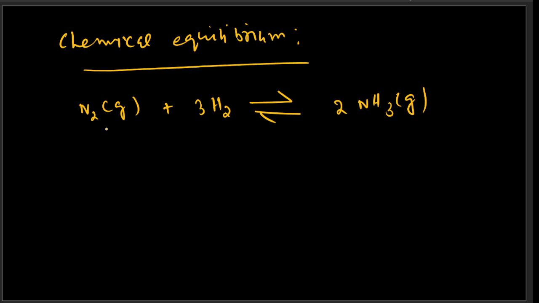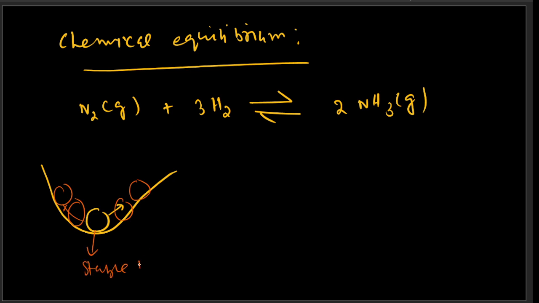You can explain this like here one ball is here, and if you rotate this ball, it will go here, and again it comes here, and after that it decreases its speed, and finally it will stay at the hollow. This means this is the stable position of the ball.